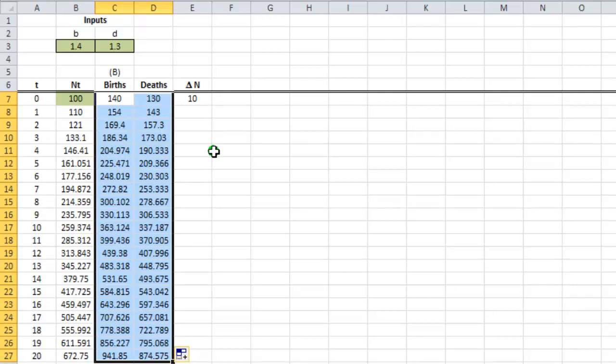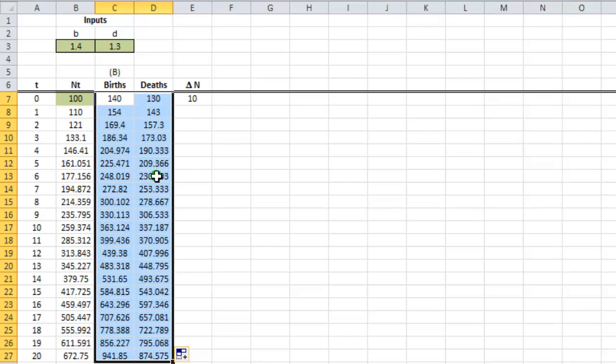Now you might be tempted to try to round these numbers, and that would be a mistake for this particular model. And the reason is because these rates apply to the whole population. And so these rounding decimal places, these half fractional individuals, they actually do contribute to births and deaths in the next generation.